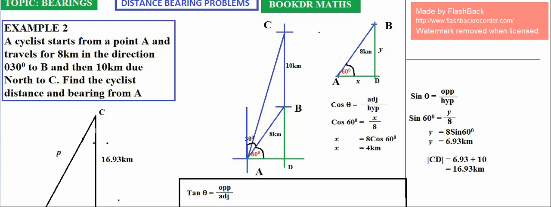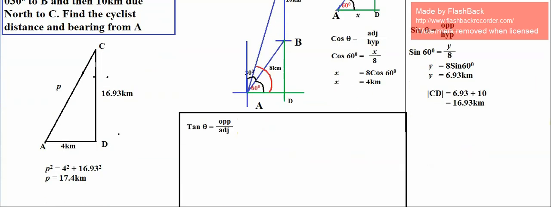Then we subtract it from 90, and the remaining will be this place. Note that the whole thing from this side up to this line is 90. Once we know this interior angle, we can subtract from 90 to get the angle that we are looking for.